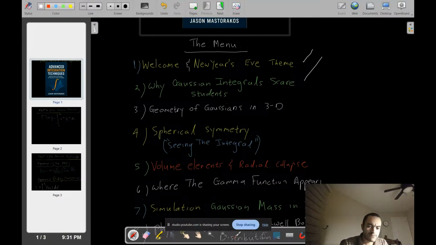That's why I keep emphasizing that having strong intuition when it comes to math is very important, and that's what I hope to strengthen, especially for undergraduates. So we're going to be looking again at the geometry of the Gaussian in 3D. And I had the list here of what I wanted to discuss.